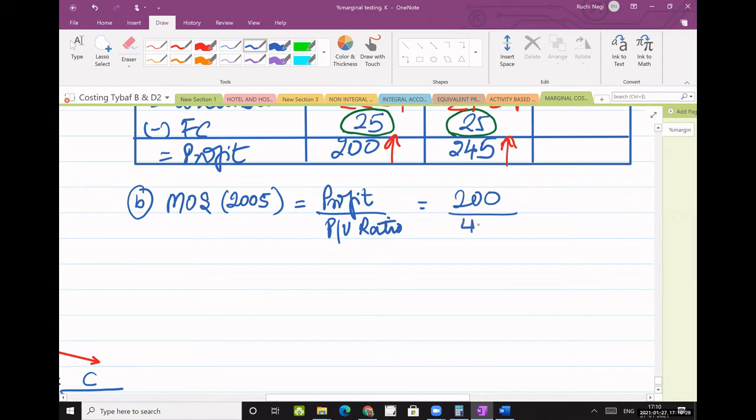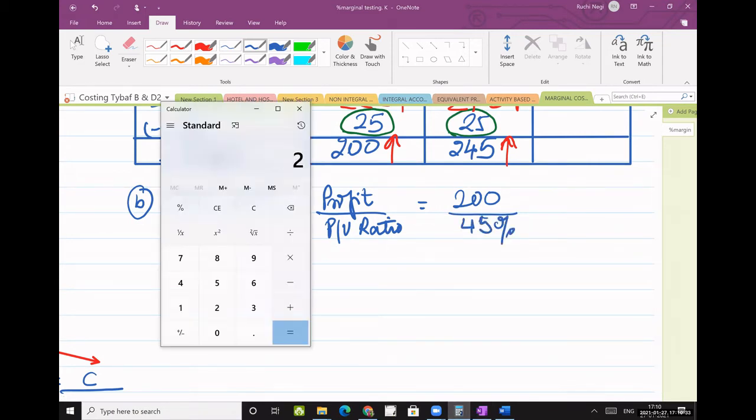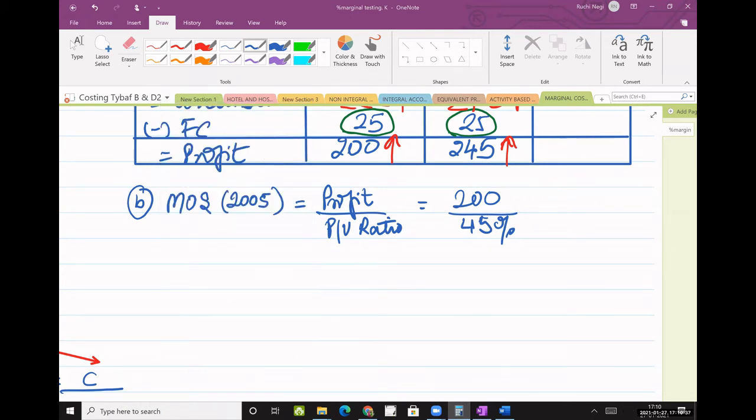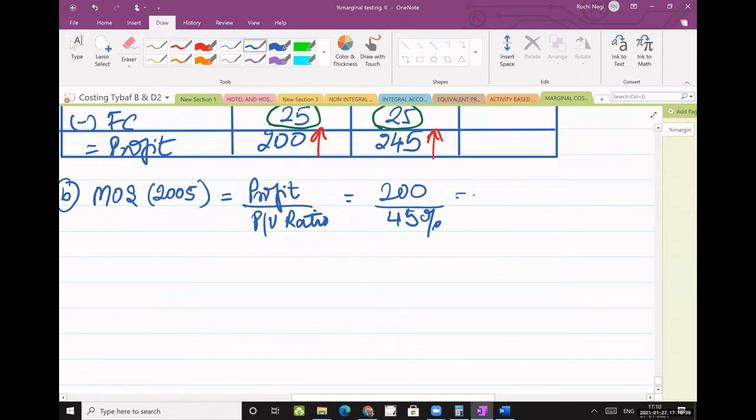And PV ratio we just got, 45%. Our figures are in lakhs, don't forget that. 200 divided by 45% is 444.444. So 444.44 lakhs is our answer.